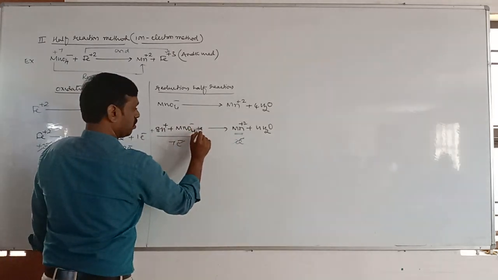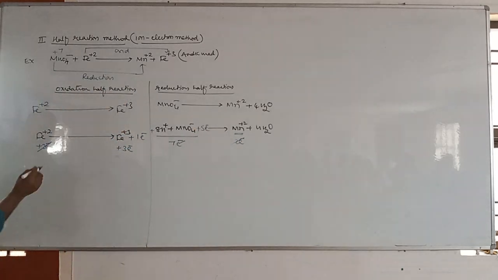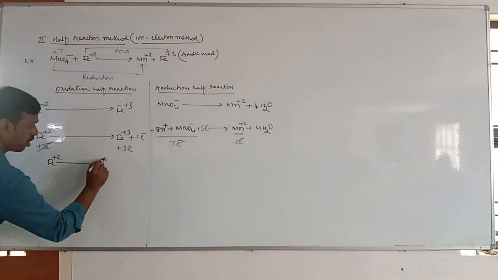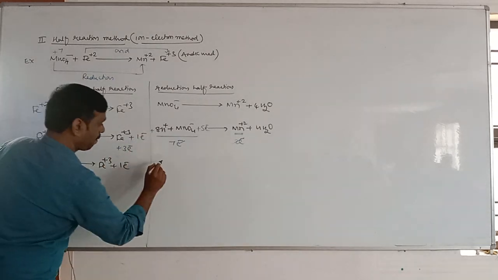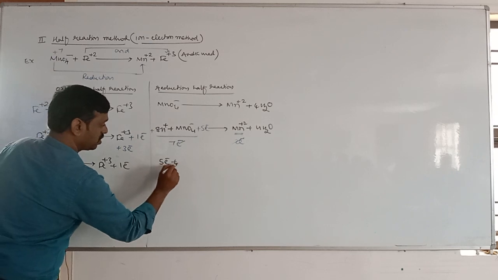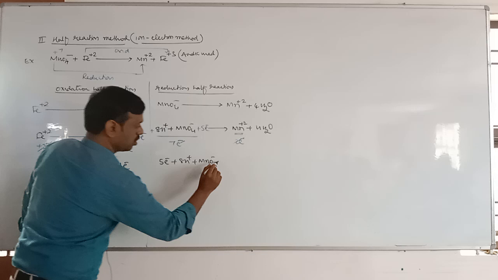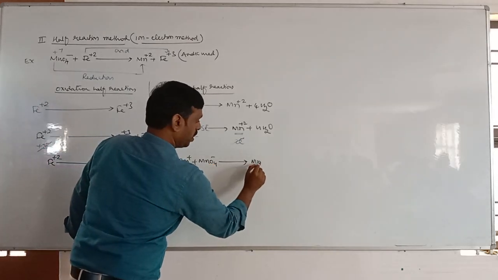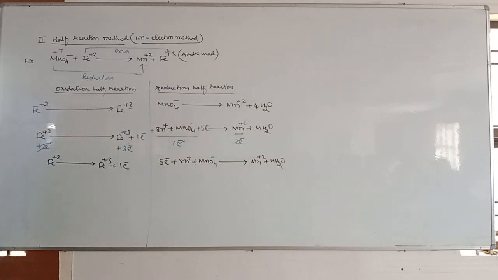I'll write here 5 electrons. So Fe plus 2 gives rise to Fe plus 3 plus 1 electron. Next, 5 electrons plus 8H plus MnO4 minus gives rise to Mn plus 2 plus 4H2O. Now charge is balanced.